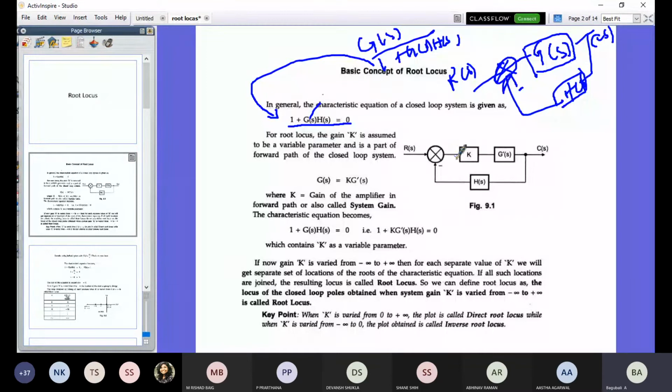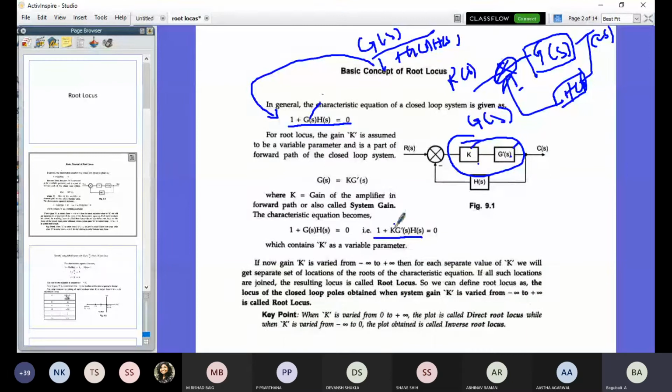In the forward path you can include K and G dash of s, and that total combination we call G(s). Do you have any doubt in that? So 1 plus G(s)H(s) equals 0, where G(s) is K into G'(s). So the characteristic equation becomes 1 plus K G'(s)H(s) equals 0.